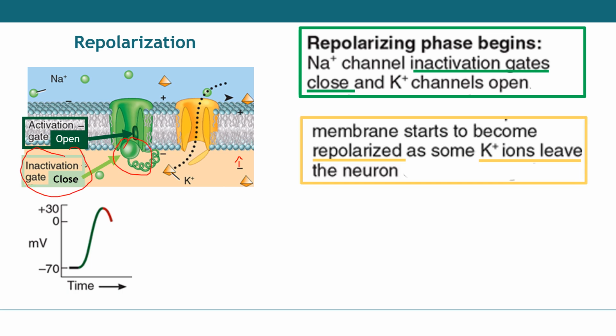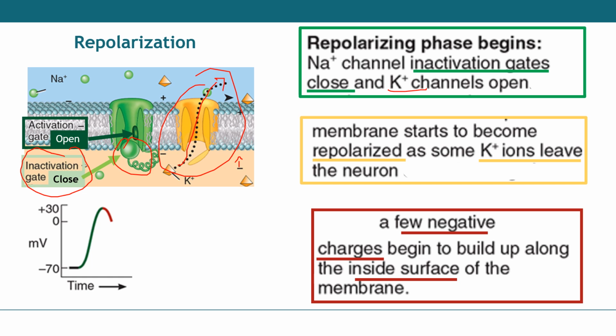Second thing that they show you is that the potassium channels are open and that the potassium is leaving the neuron. And here you see that the negative charges start building up along the inside surface of the membrane.